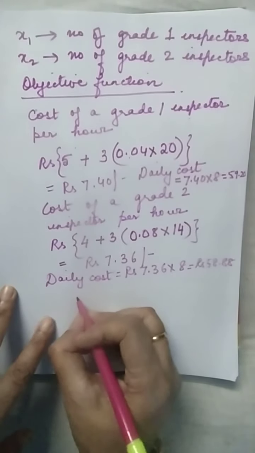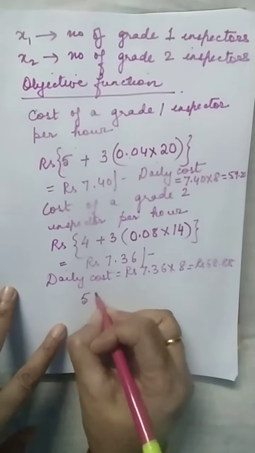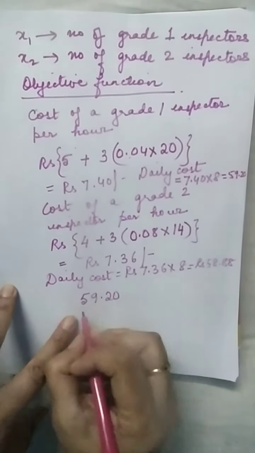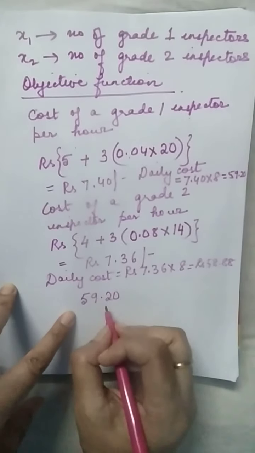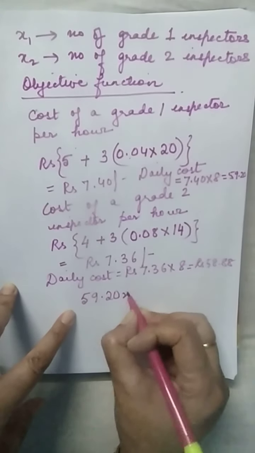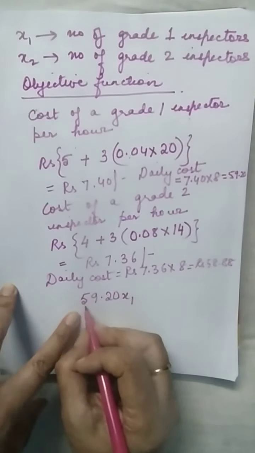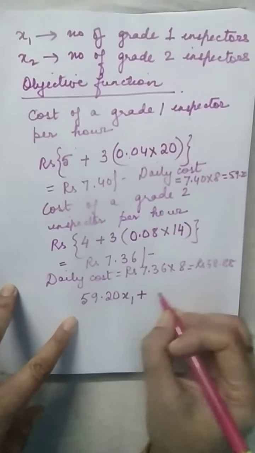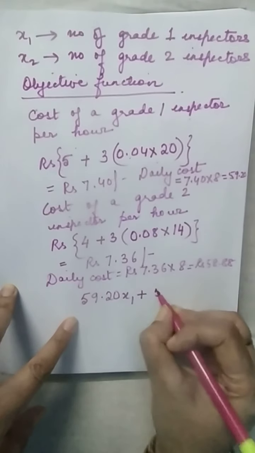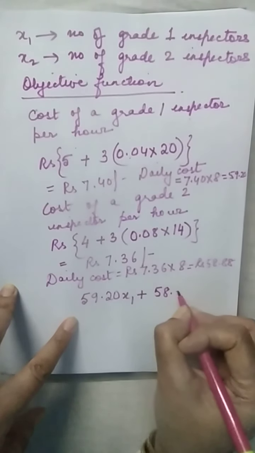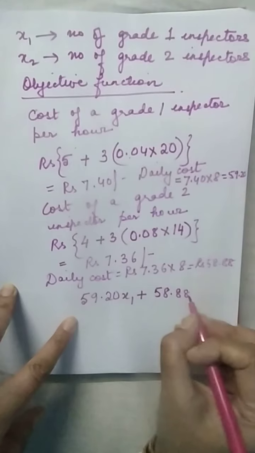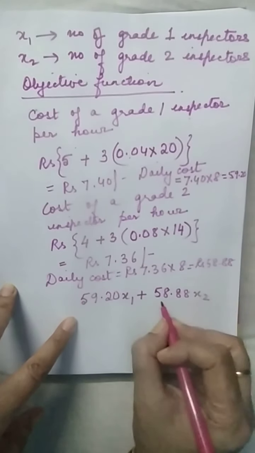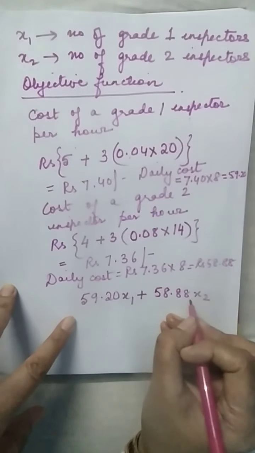For grade 1 it is 59.20 per inspector, so with x1 grade 1 inspectors the cost is 59.20 x1, plus for every grade 2 inspector our cost is 58.88, and with x2 grade 2 inspectors the cost becomes 58.88 x2.